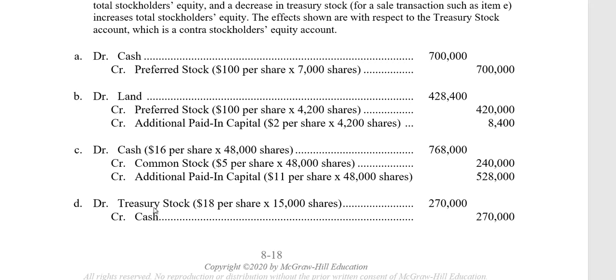So that means it's going to be opposite of how equity is usually recorded. Equity is recorded, remember, as a credit, but treasury stock would be recorded as a debit. Okay. And also you have to sort of think, well, what is that going to do then to my total stockholders' equity? Well, I'm paying cash for this, right?